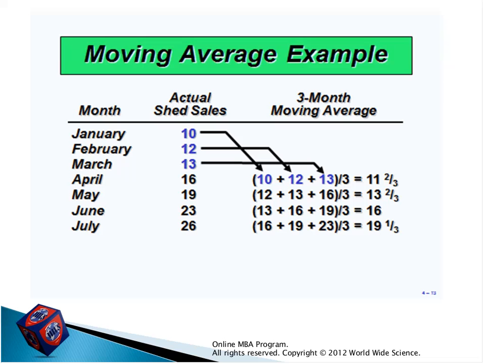But when April finishes, the real number is 16. Okay, 16 minus 12 produces 4. The 4 is your error, because the forecasting and the real demand have a little difference together. For May, April has finished.